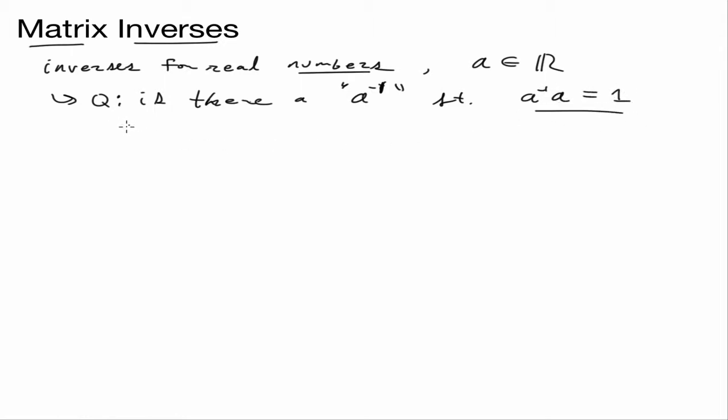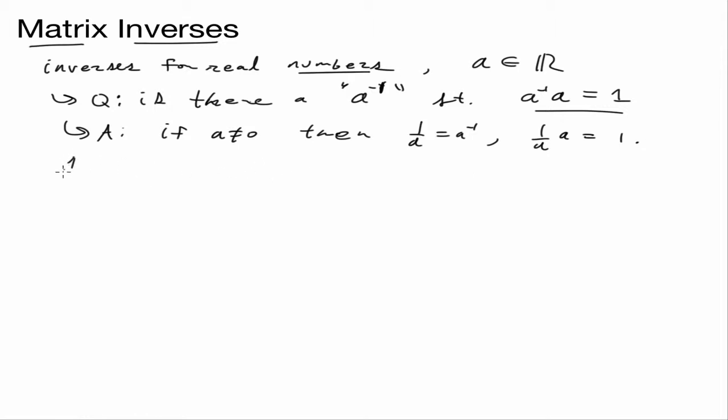The answer is pretty straightforward. If A is not equal to 0, if it's any other real number except for 0, then 1 over A is A inverse. And then that certainly works out, that 1 over A times A is equal to 1.